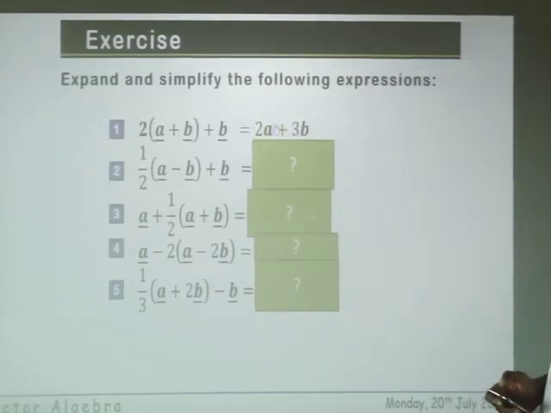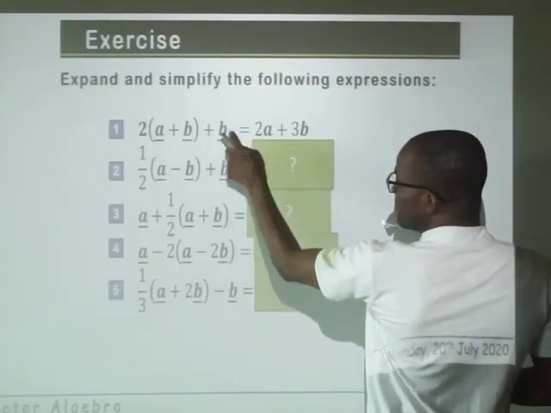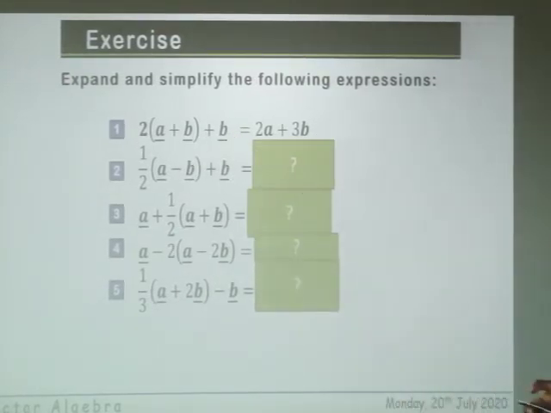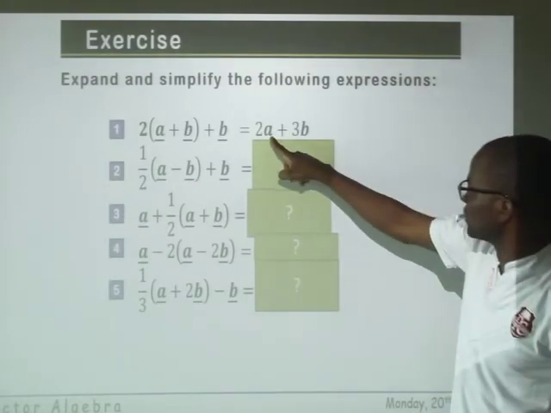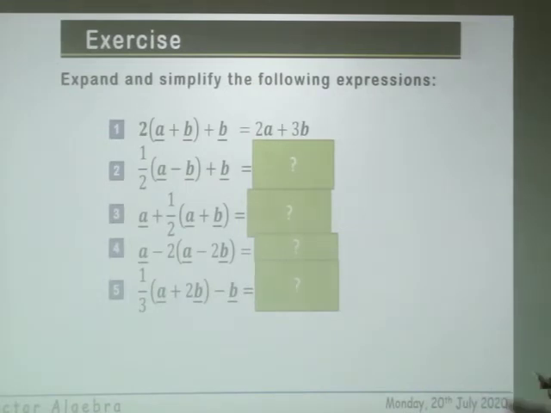Number 1, there you go: 2A plus 2B, and then 2B plus B gives you 3B. Again, be mindful and make sure you put your underline there to show it's a vector. And we have number 2. That should be your answer as well.